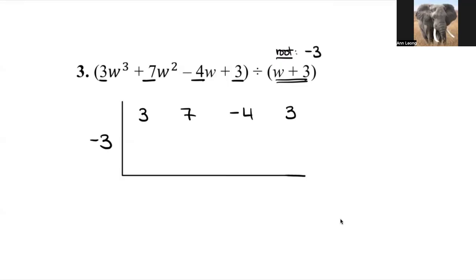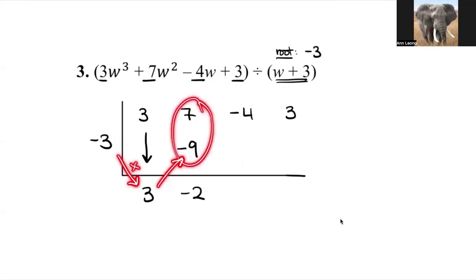Now here are the steps. You drop down the first number as is, then multiply these two and put it right there. I'm going to get a -9 there. Then you add these two together and get a number down there. Again, multiply to get that, and then add these two to get that.